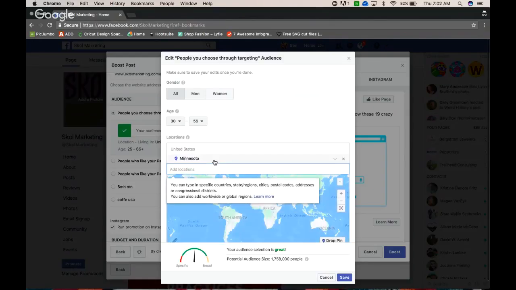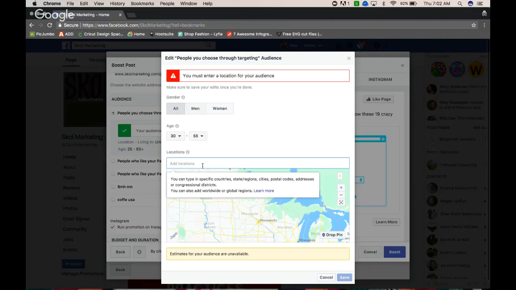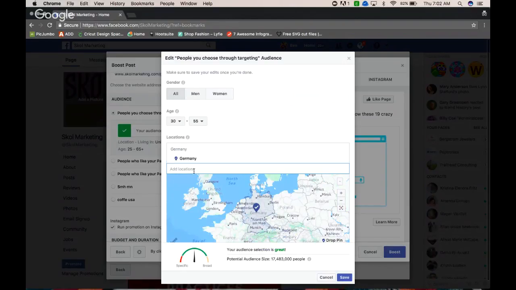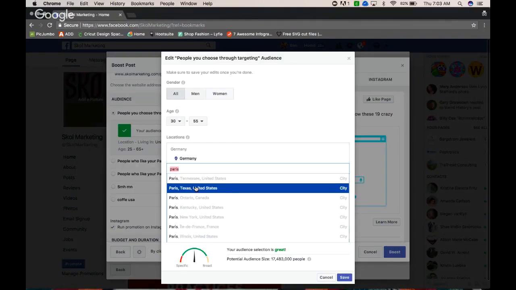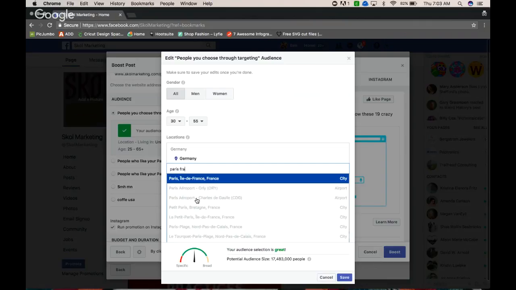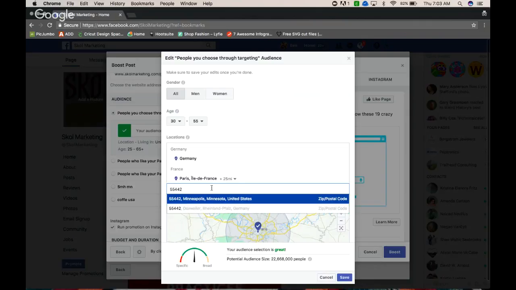Now we also get to look at location. A lot of times it's going to default to the state that you're in, or the location that you're in, but we can essentially go after any place. So we can go after a country, we can go after a city, and we can even go after zip codes.